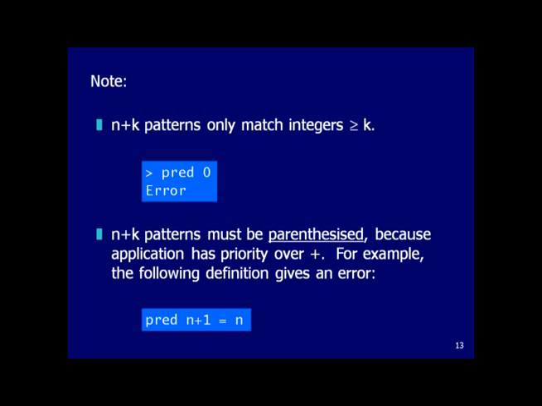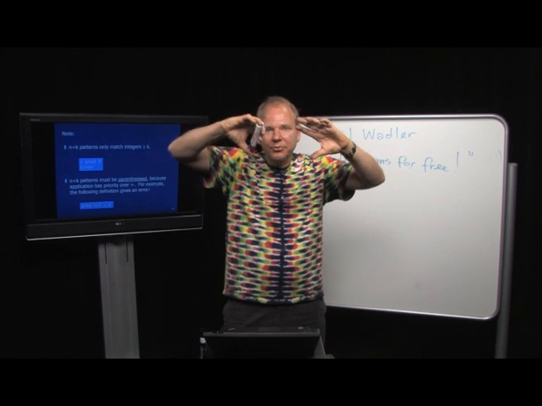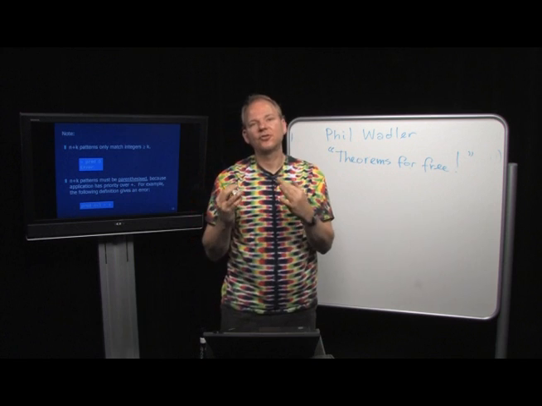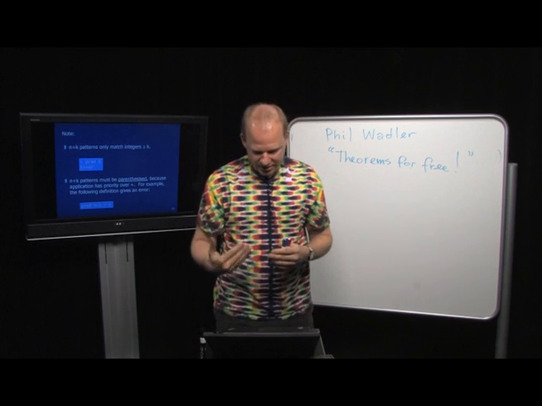And again, just like cons, you can have n plus 1 patterns that are partial, and also you have to put parens around them, because application, like when you write pred n plus k, the pred of n binds stronger than the addition.